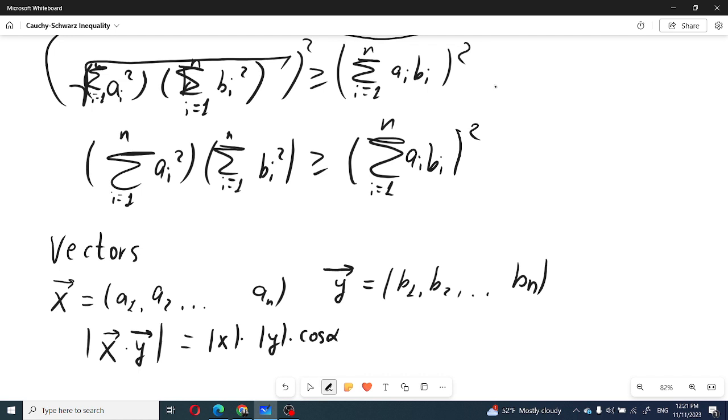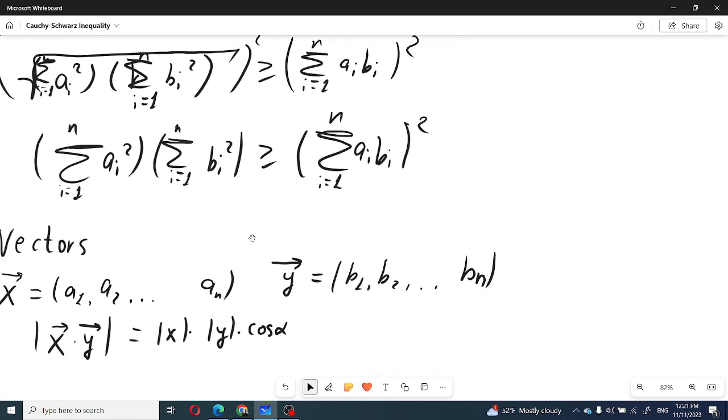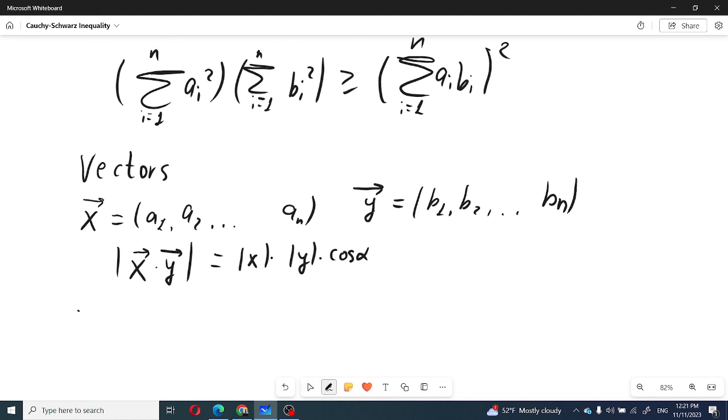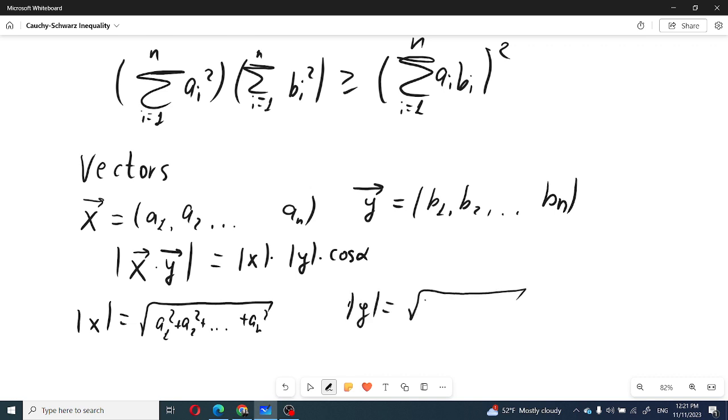How can we compute the size of any vector x? To compute the size of x, we need to take the square root of a1 square plus a2 square all the way up to an square. Similarly, the size of y will be the square root of b1 square plus b2 square all the way up to bn square.